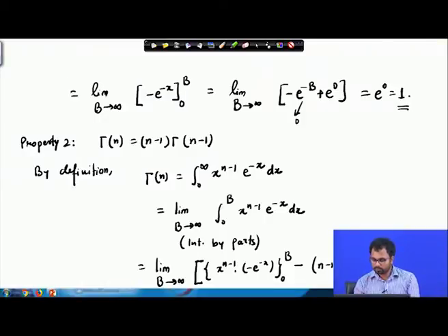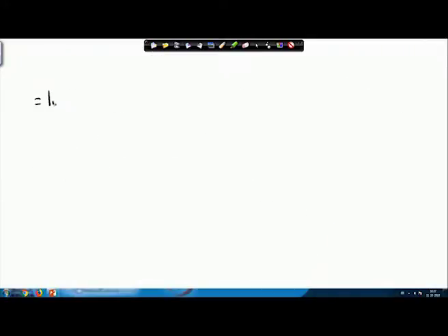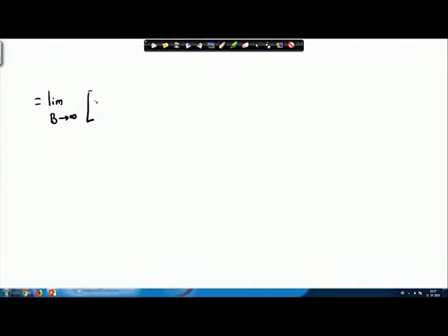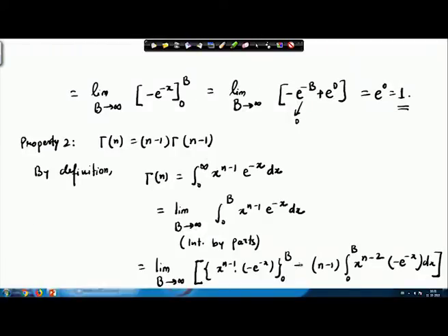Here we will obtain the limit b goes to infinity of minus b to the power n minus 1 e to the power minus b plus 0 to the power n minus 1 e to the power minus 0, and then this one is minus n minus 1 times the integral from 0 to b of x to the power n minus 2, and then this minus will come here.